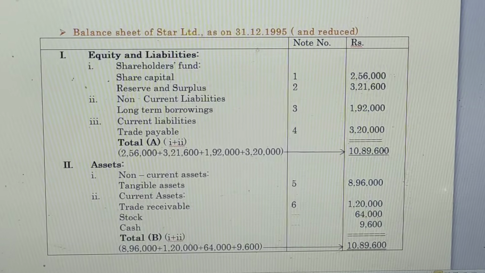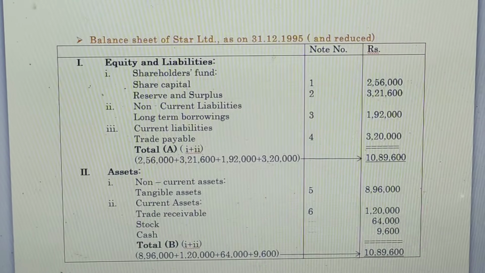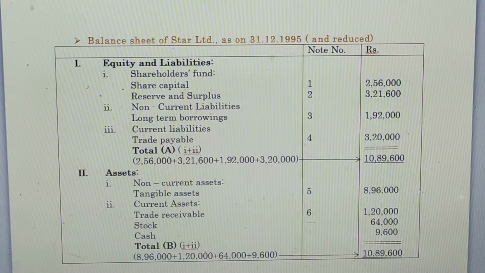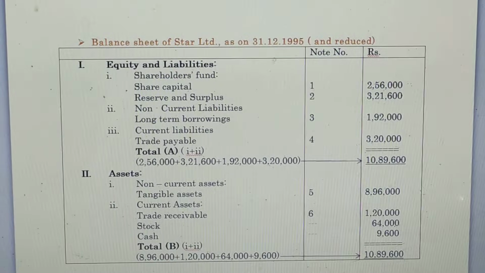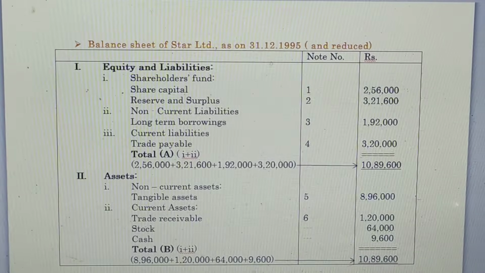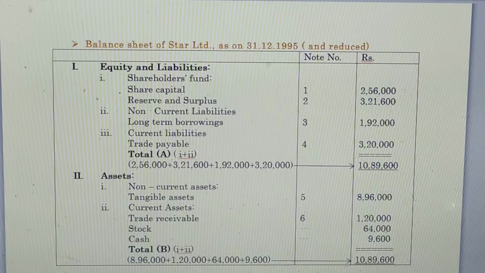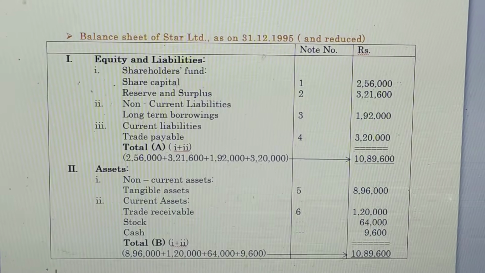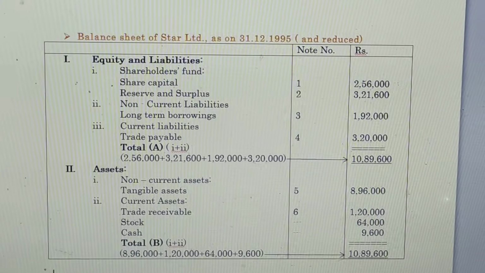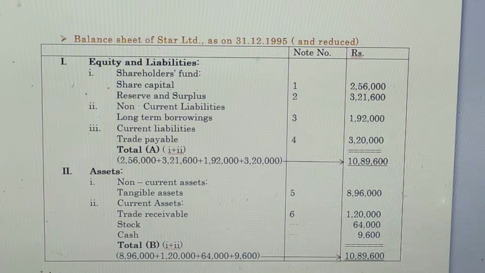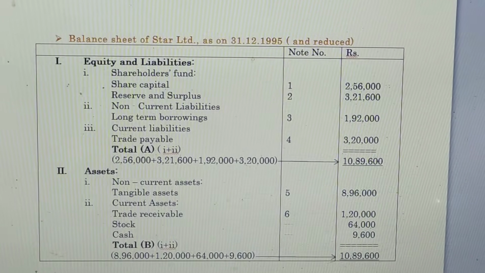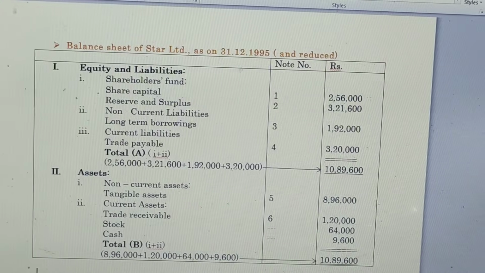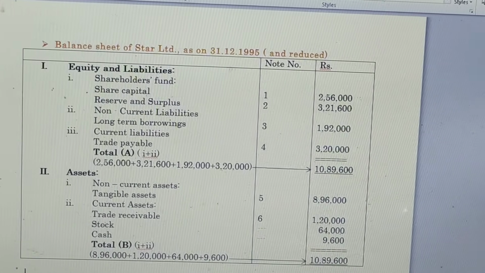Note number 4 total is 3,20,000. Then we have to add this amount. We get the total equity and liabilities. It means 2,56,000 plus 3,21,600 plus 1,92,000 plus 3,20,000. The total value is 10,89,600. That is equity and liabilities total.